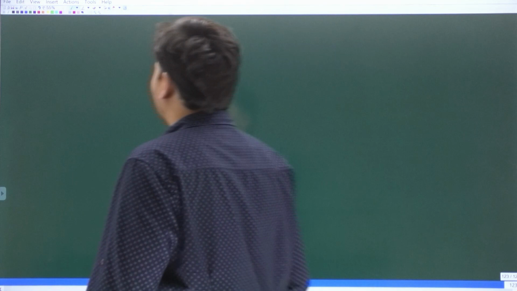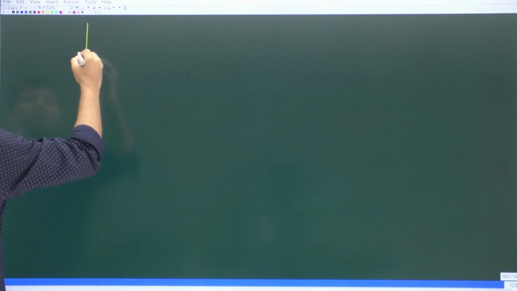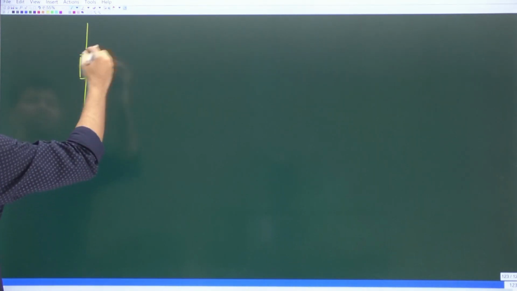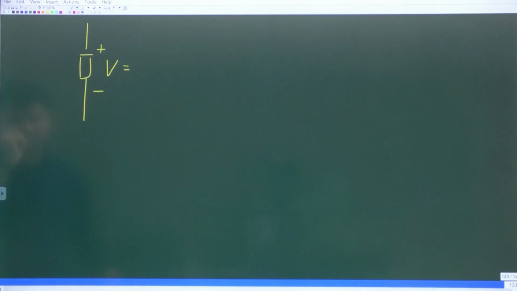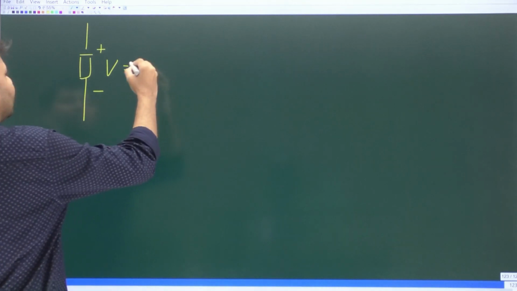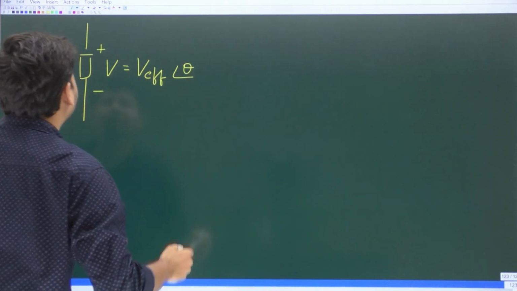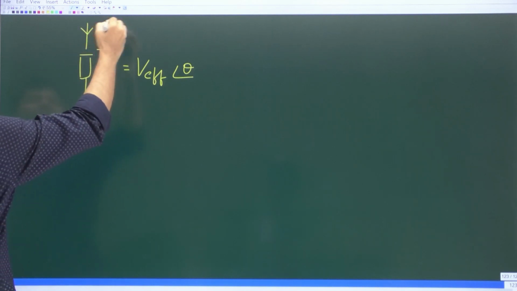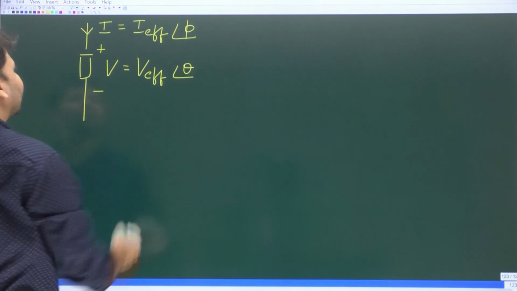Now what is the result that we got previously for the average power absorbed by any element? If you have a two-terminal element across which the phasor voltage drop is some V effective angle theta, through which the phasor current is I effective angle phi.